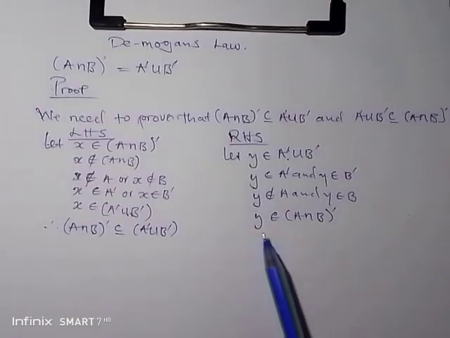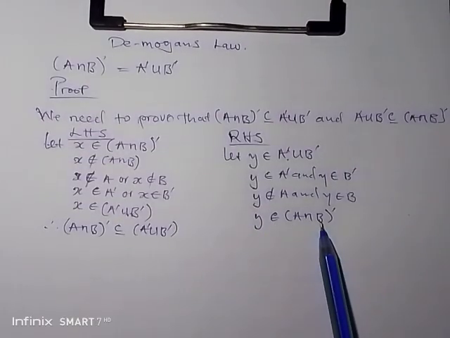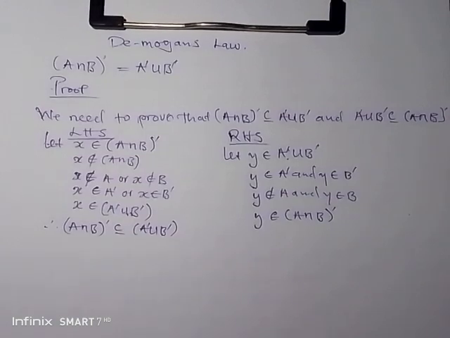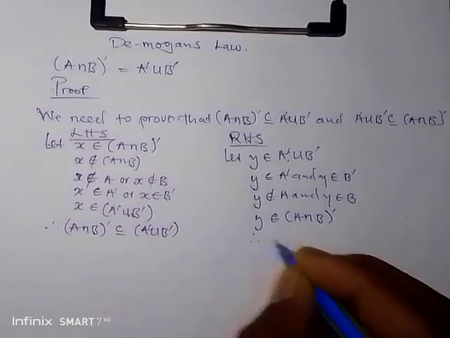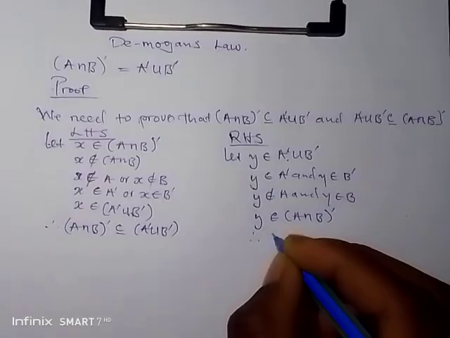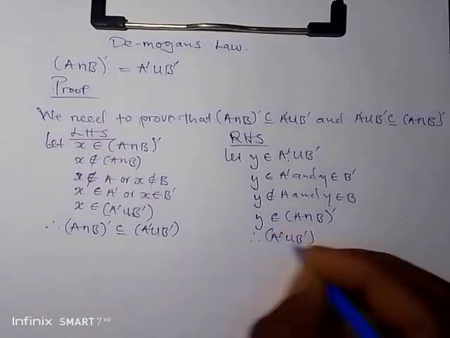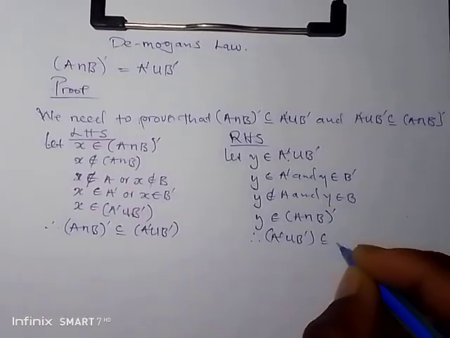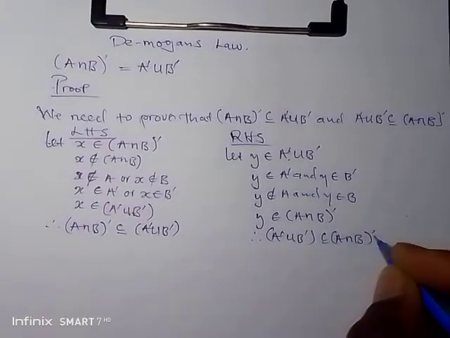So Y is a member of (A intersection B) complement. Therefore, A complement union B complement is a superset of (A intersection B) complement.